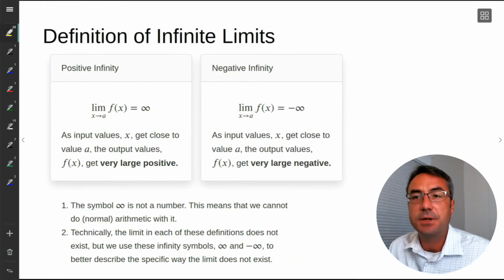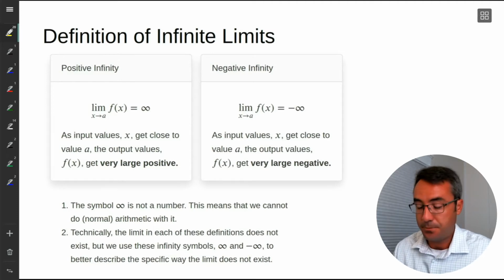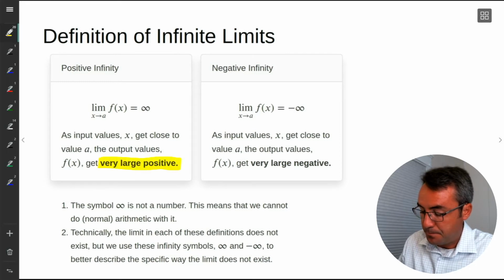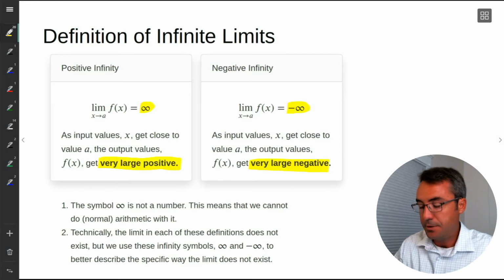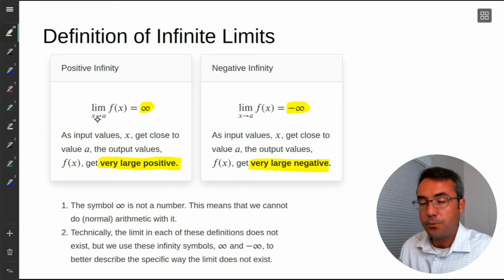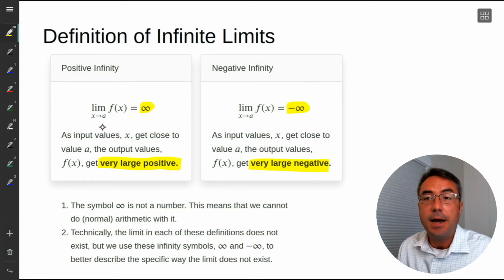So let's just formalize some of these definitions here. So we have two potential infinite limits. If we're looking at the limit of a function f of x as x approaches a, it could be positive infinity, and that's where the outputs are getting very large positive. Or if they're getting very large negative, then it's minus infinity. So just to keep track there. And we've written these definitions, so as our input values x get closer and closer to the value a, we're seeing some kind of behavior with our output values.